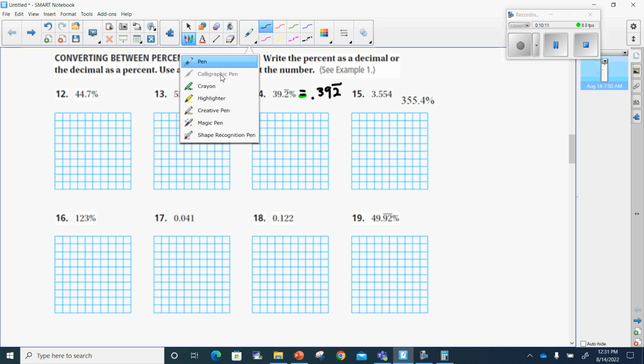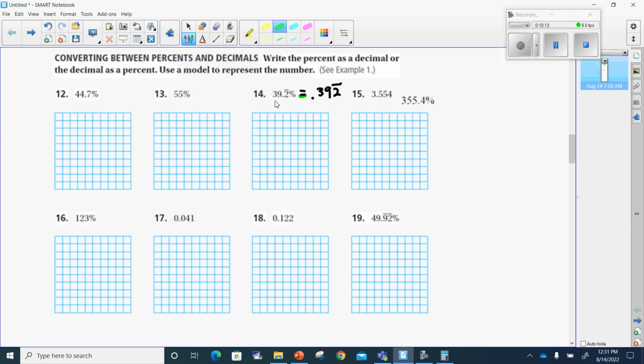I'm simply going to go ahead and shade in 39 of these. So that's 1 row, 2 rows, 3 rows, and 9 of the next row. And since this is 2 repeating, just a little bit more to indicate that I'm showing that little bit extra for the 2 repeating.